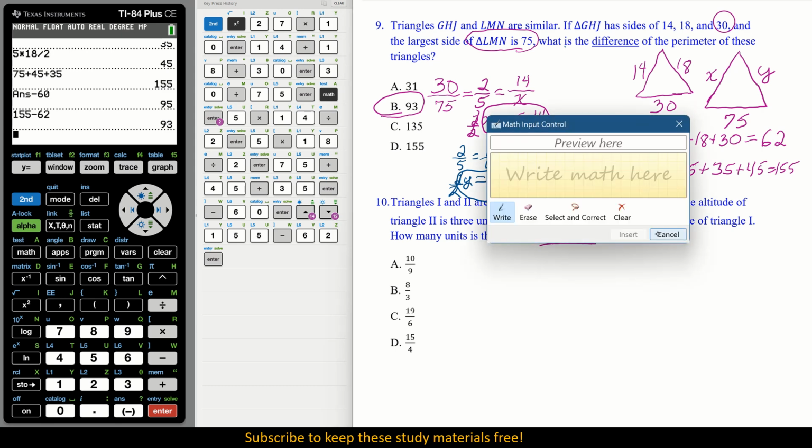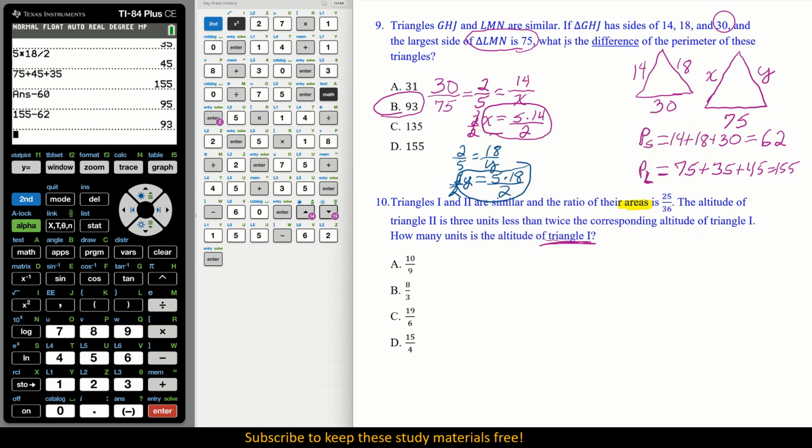Let me grab the shape tool. Let's try the first triangle and see what it does. Then let's do a bigger triangle. Perfect. You know, sometimes things work.